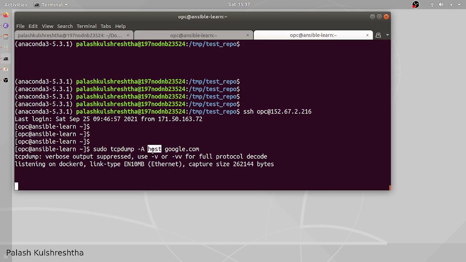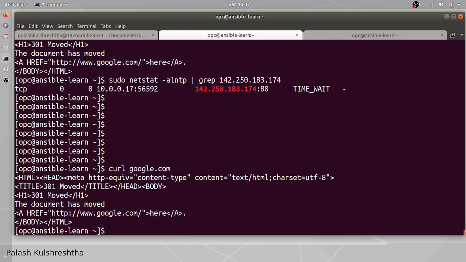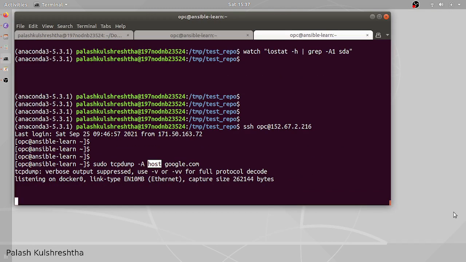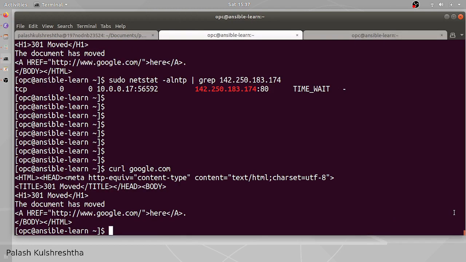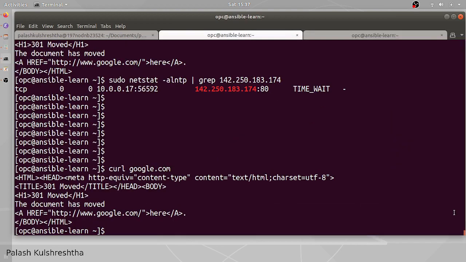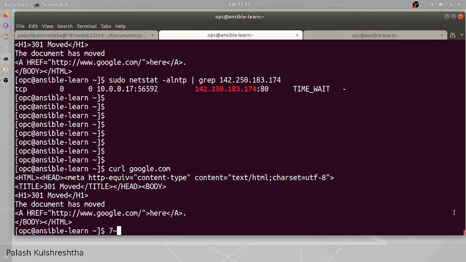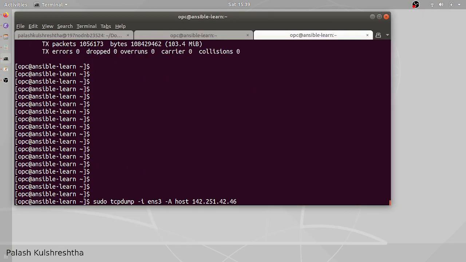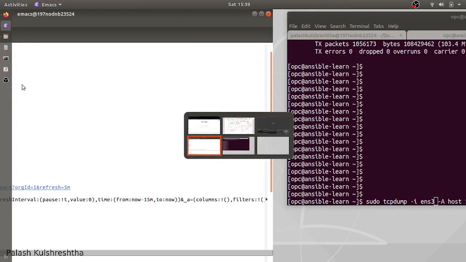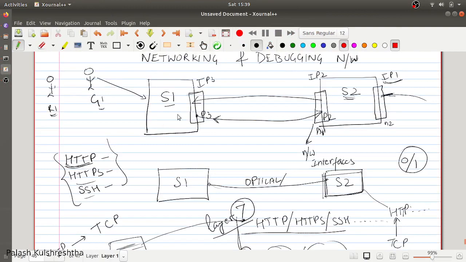Now I'm going to make a curl request. There is no data in this terminal tab. So what was going wrong is, as we have seen, the IP address and port are always of a particular network interface.